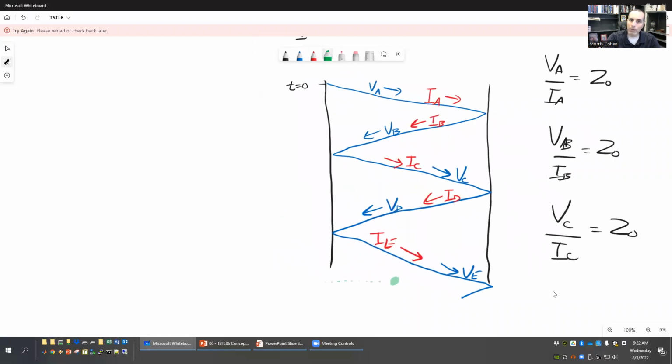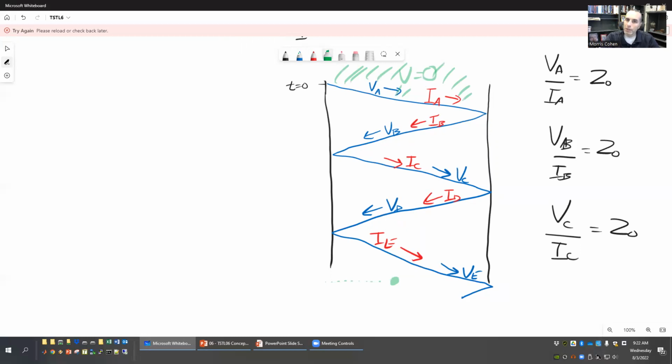In order to figure out what the total voltage is, we're going to look at all the waves that pass by. So we start out with the voltage of 0. The voltage everywhere inside this little shaded section has a voltage of 0. Once this wave passes by, it elevates the voltage of the transmission line.